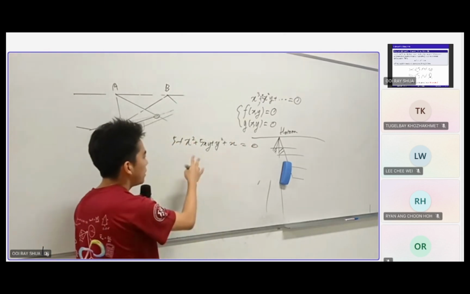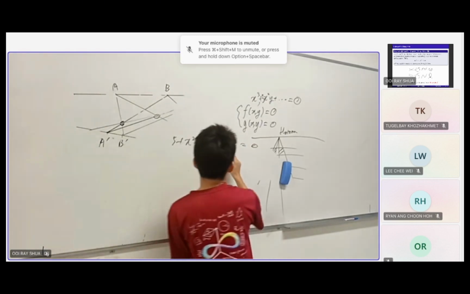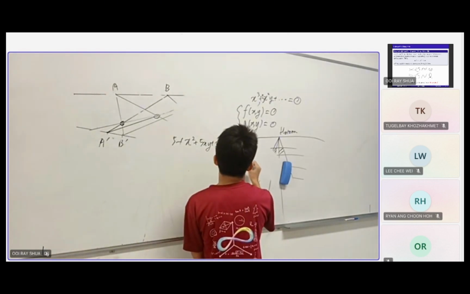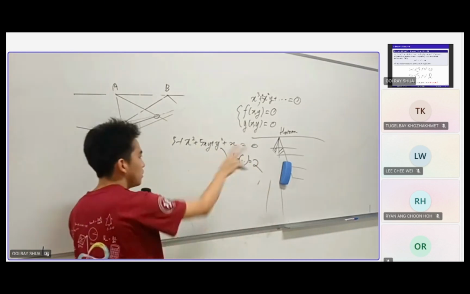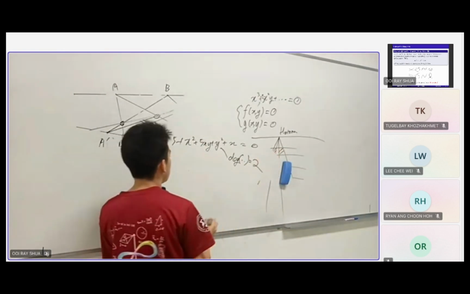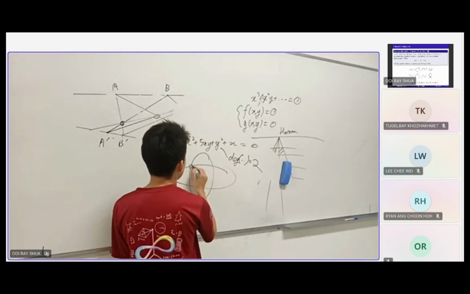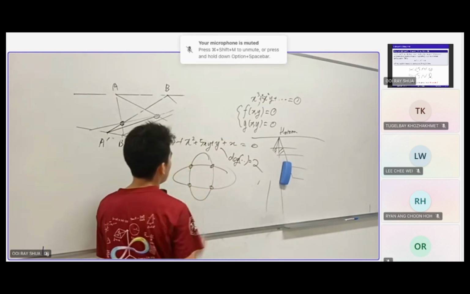This will hopefully describe an ellipse. This polynomial is a degree 2 polynomial, so the degree of this is 2. There are two degree 2 polynomials over there. So when you intersect them, there are just 4 points.